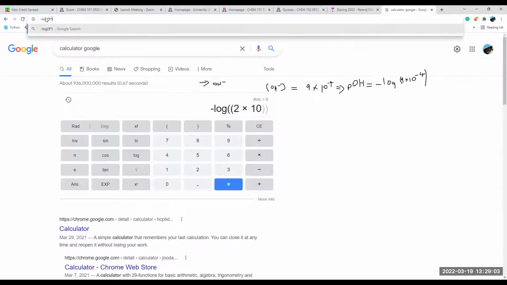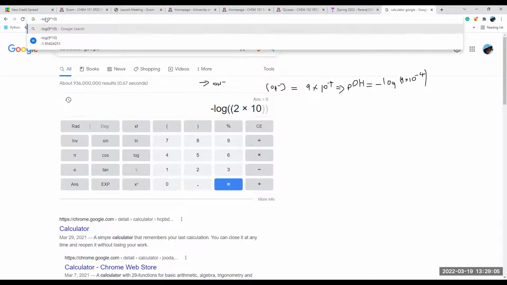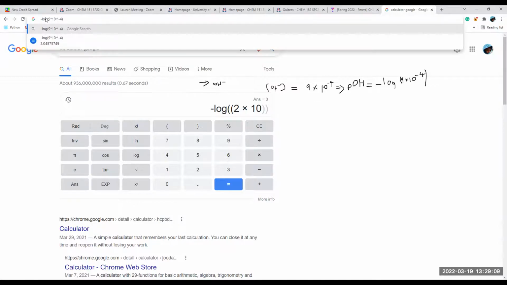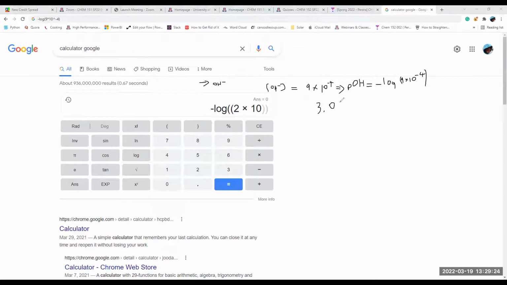Minus log 9 times 10 to the power of minus 4 is 3.045. Okay, that's going to be our pOH.